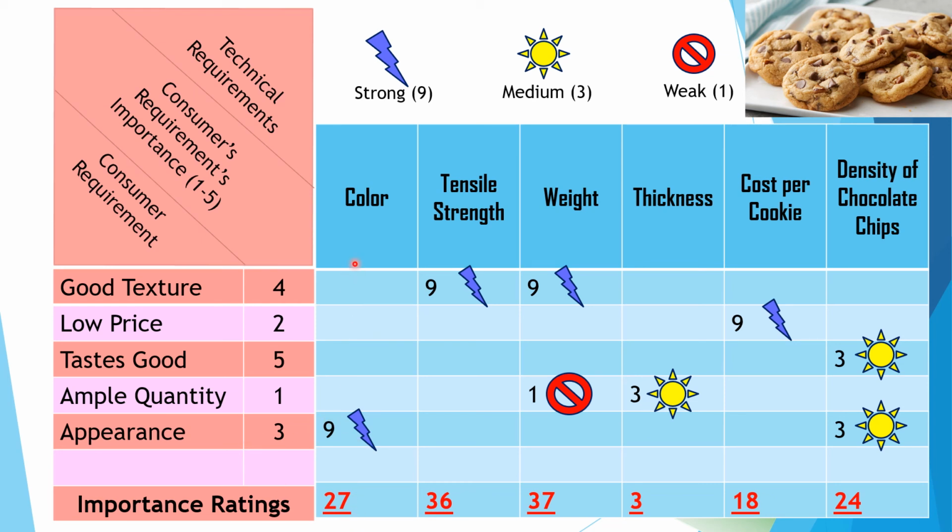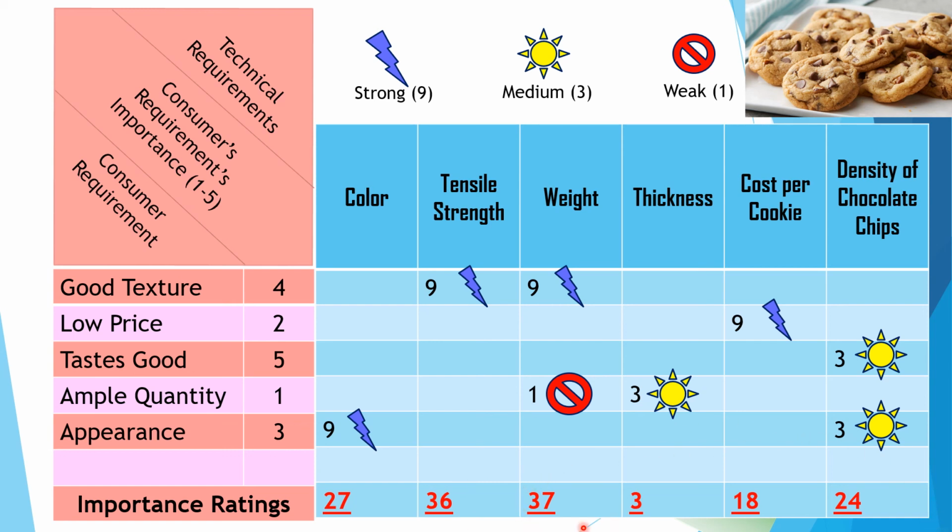There's no other number here, so the rating of the color is 27. Moving on here, 9 times 4 is equal to 36, so the rating of the tensile strength is 36. And then 9 times 4 equals 36, and then 1 times 1 equals 1. So 36 plus 1 equals 37. And so on and so forth.